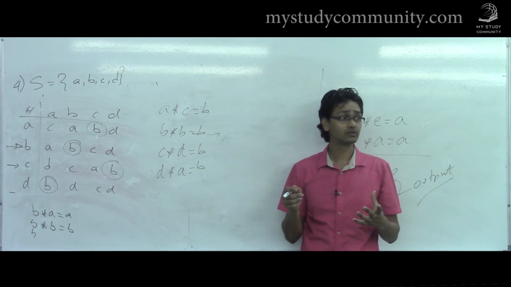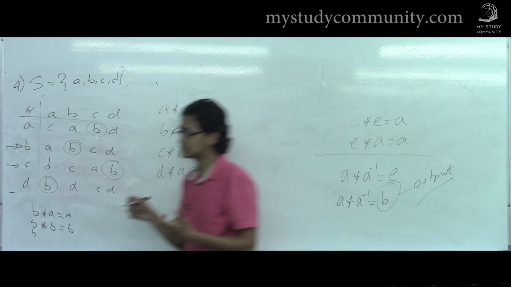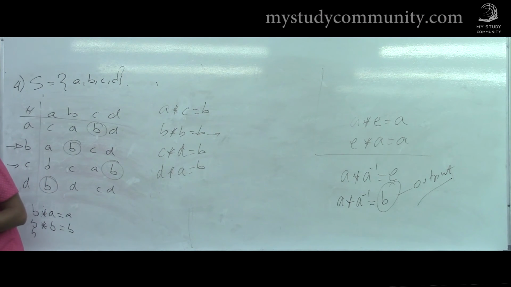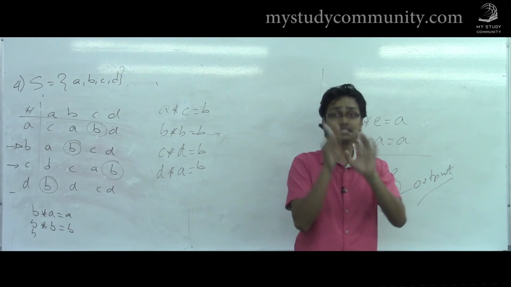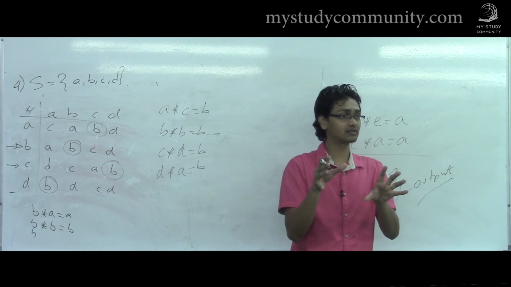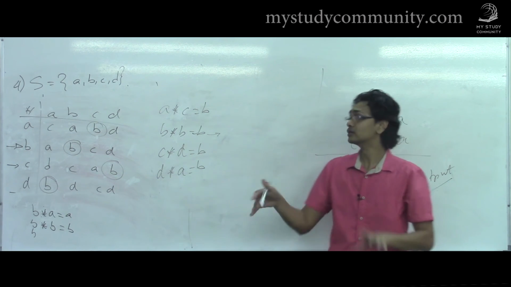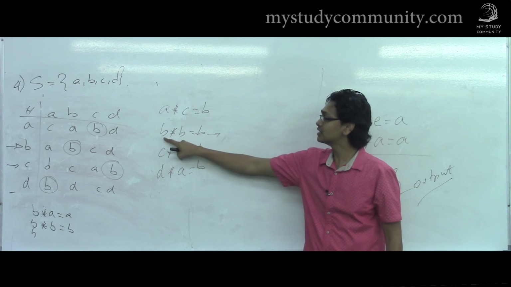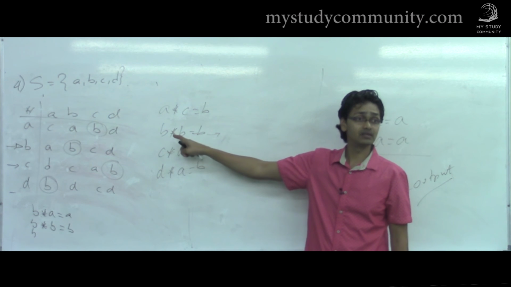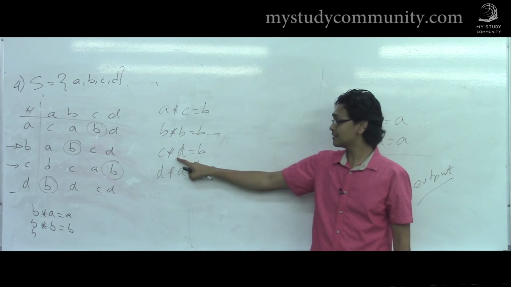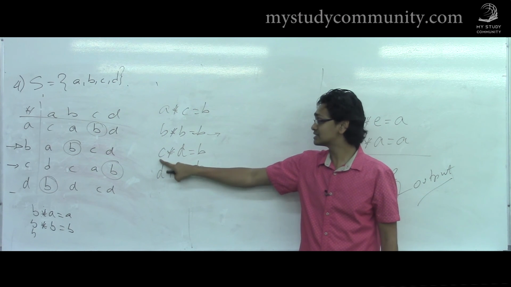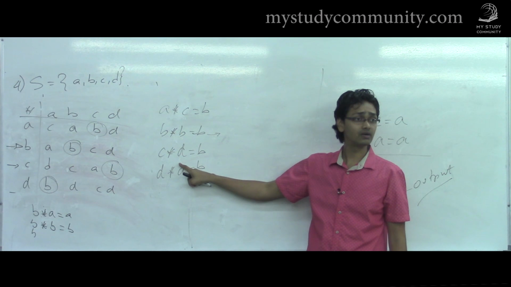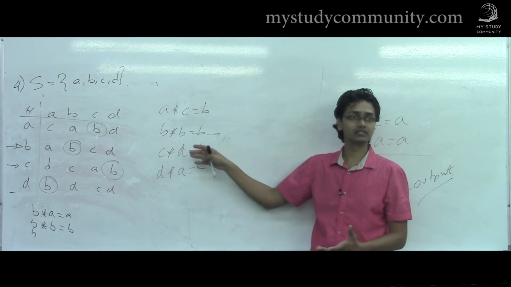The question says, any elements have inverses. So when we say have inverses, we mean the inverse, which means left and right. The left inverse of B is B and the right inverse of B is B because B times B is B. This here, D is the right inverse of C and C is the left inverse of D, so there's no left and right equality here.